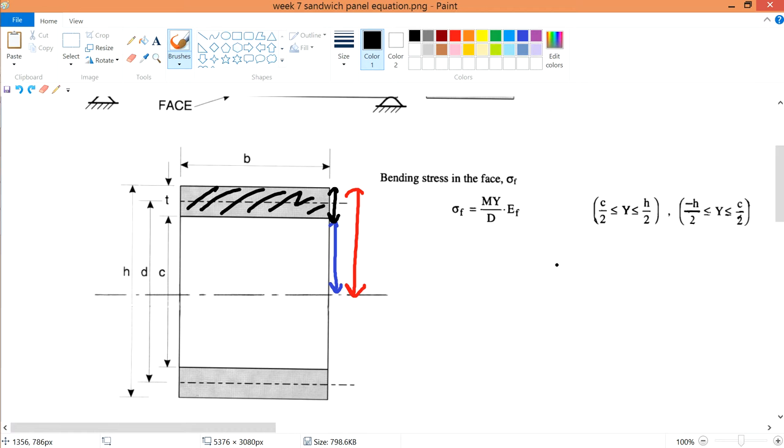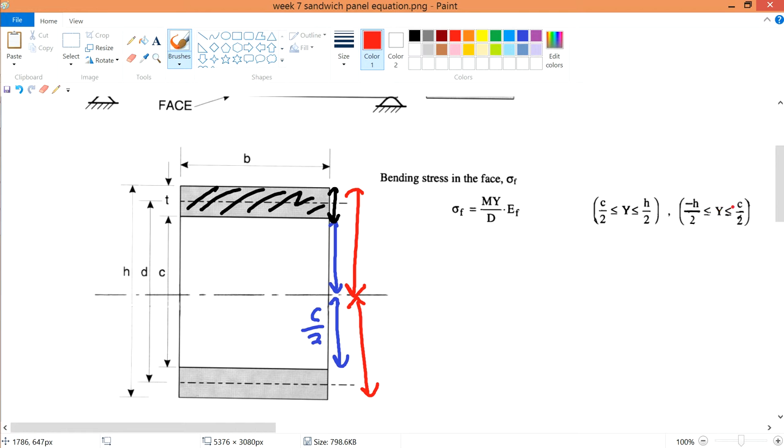Likewise, your y at the bottom is c over 2, which is over here. Maybe I should use a blue color then. This is your c over 2, and you will have your minus h over 2. Minus h over 2 is actually this one.